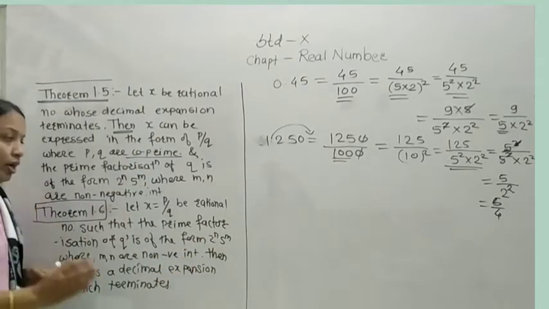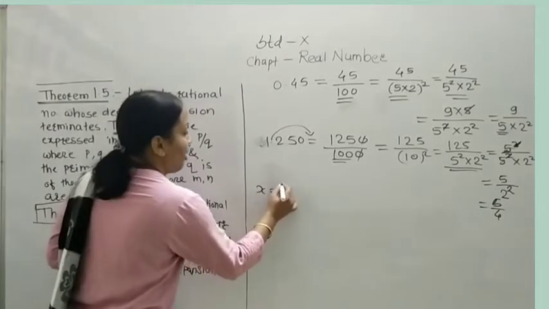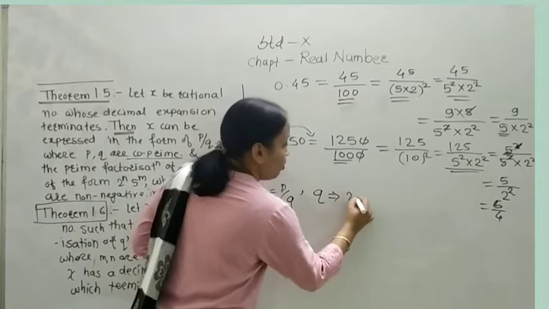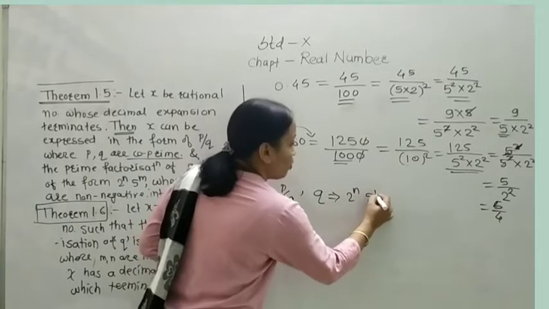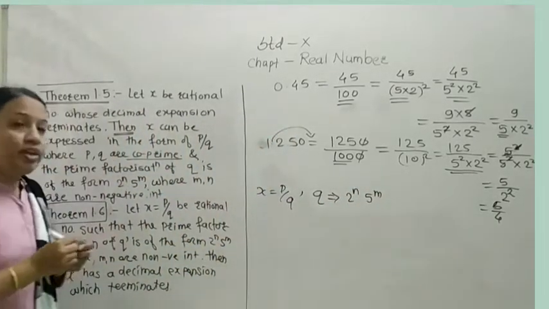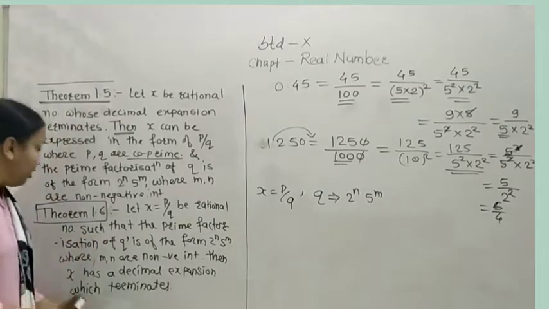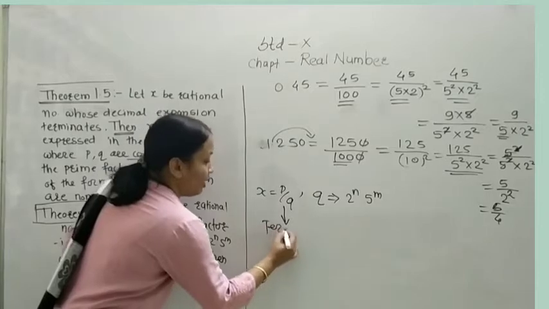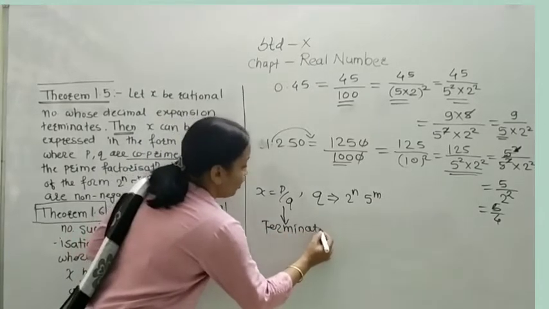Now, what is given to us is that x is in the form P by Q and Q is of the form 2 raised to power n or 5 raised to power m. This is given to you. Then you can directly say that P by Q will terminate. This is the meaning of this theorem.